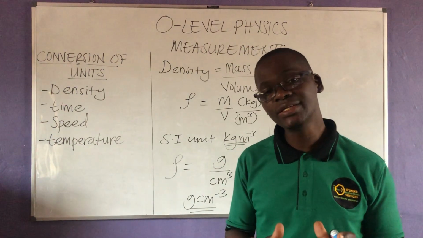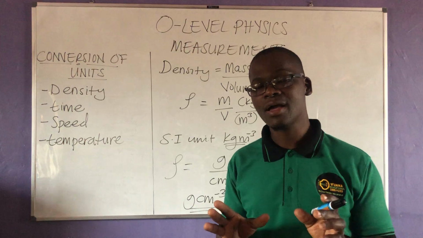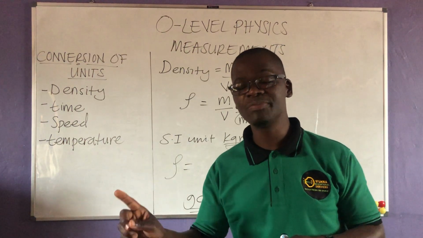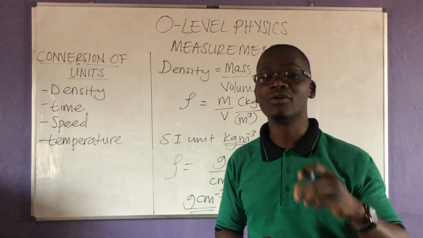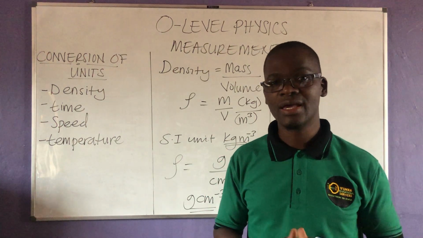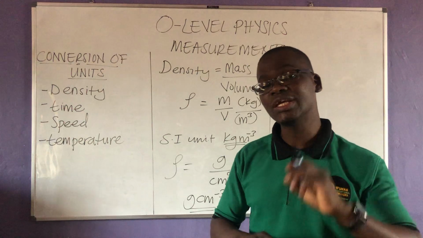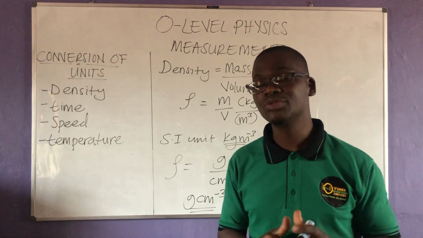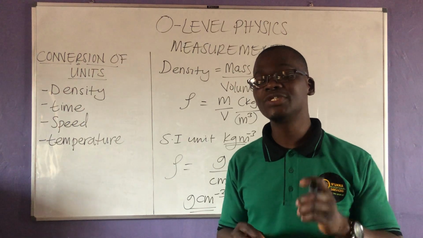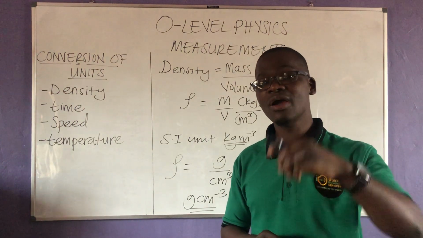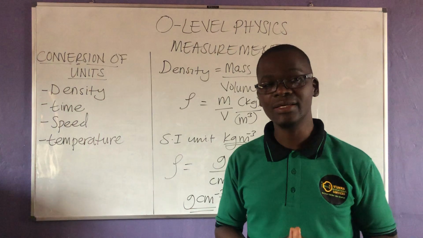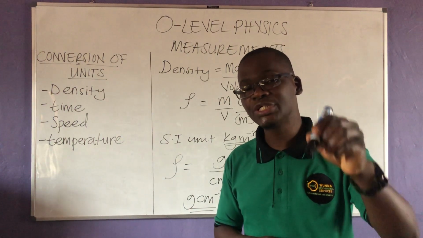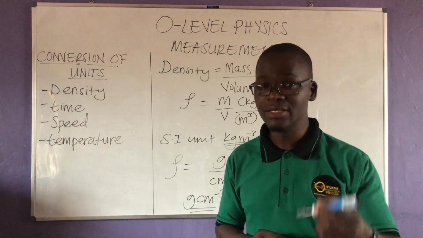If the substance is irregular but sinking, we shall use either the displacement method or the overflow can method. If the substance is irregular and floating, like a dry piece of wood, we still use the displacement method or overflow can method, but tying that floating object on a sinker.